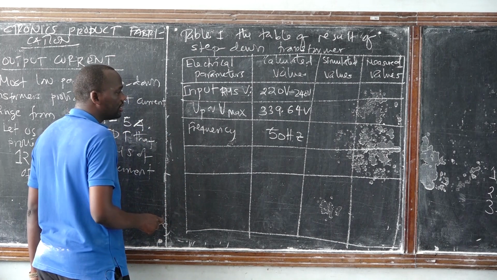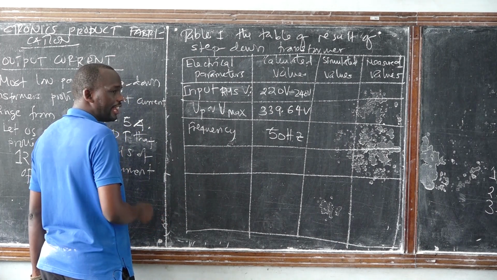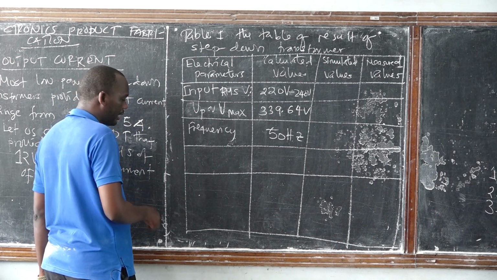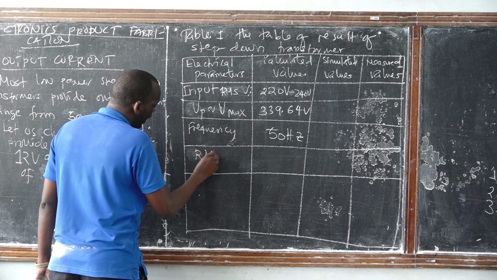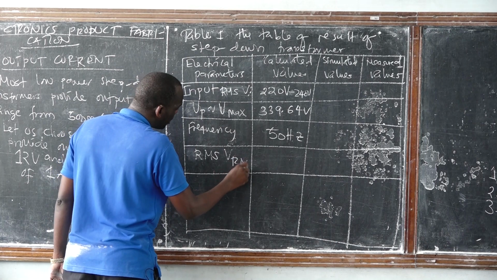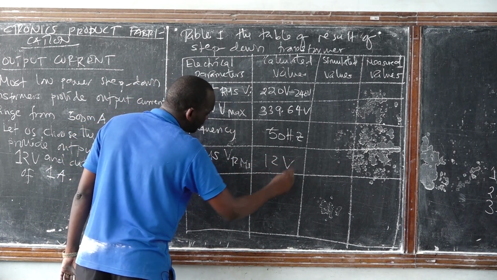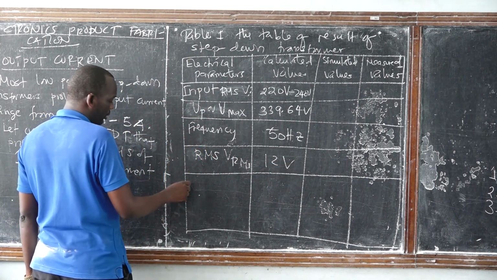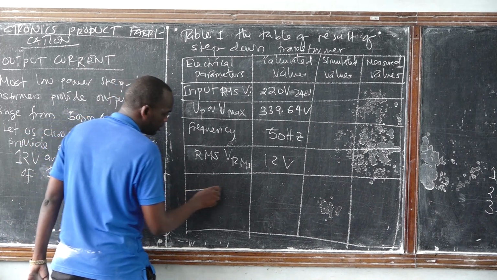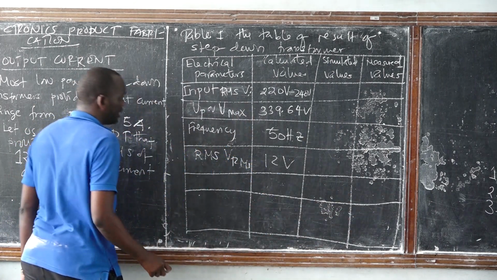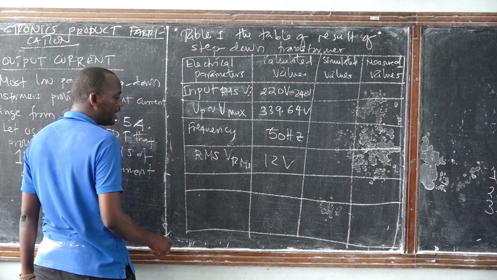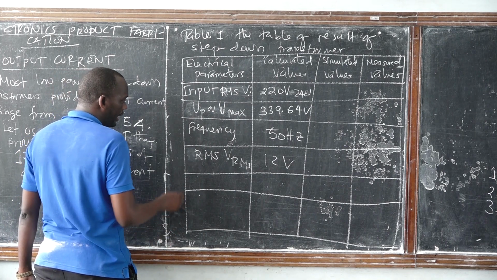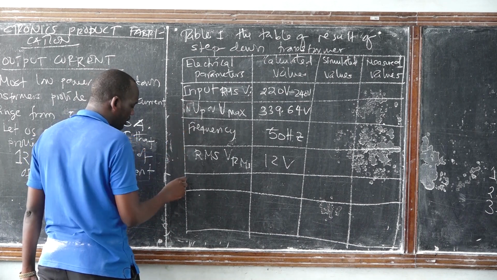And next is what? Next parameter. Output what? Output root mean square. It is what? 12 volt. Next, this is input, remember.